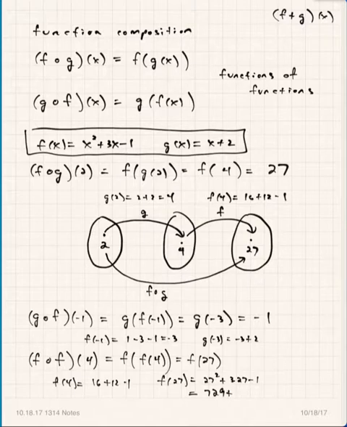Plus, and then 3 times 27 would be 81, minus 1. And so you get 809 when you do that. 809 right there. So f composed with f of 4 is equal to 809. All right, so that's how you calculate specific values for composition. So that's one thing I wanted to look at with composition.